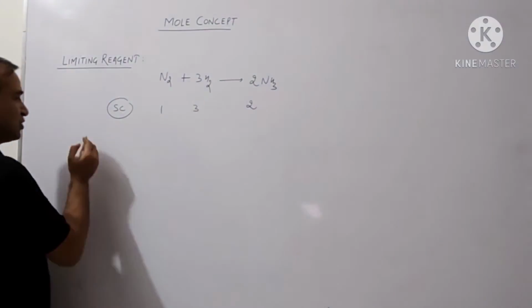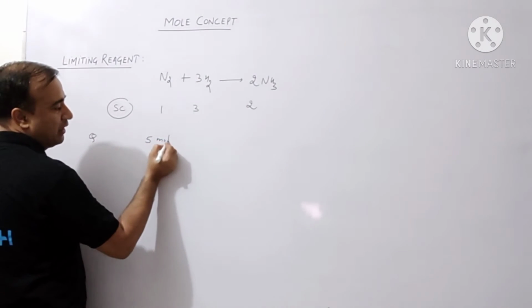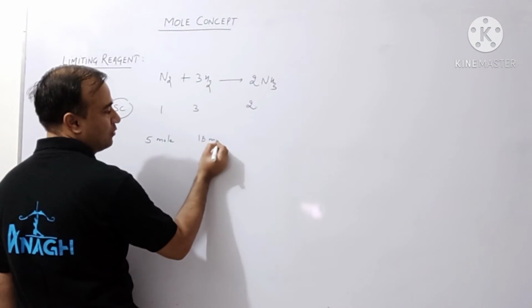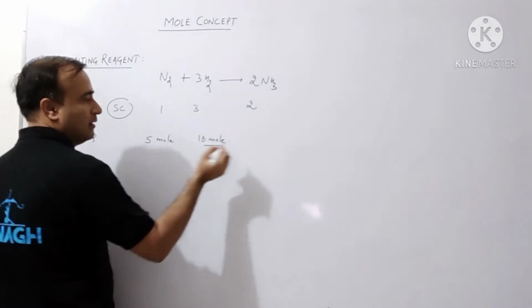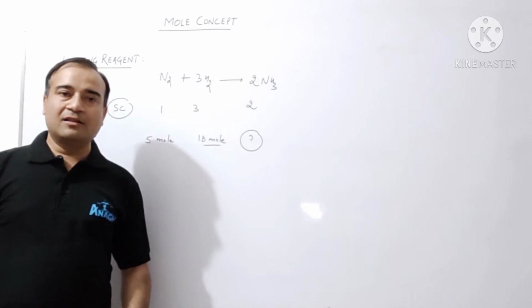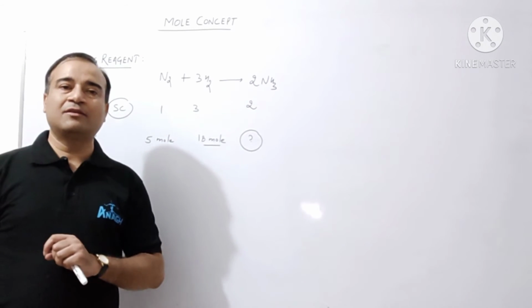If in the given question we are given 5 moles of nitrogen and 18 moles of hydrogen, how many moles of product will there be, and the amount of excessive reagent left unreacted will be calculated.